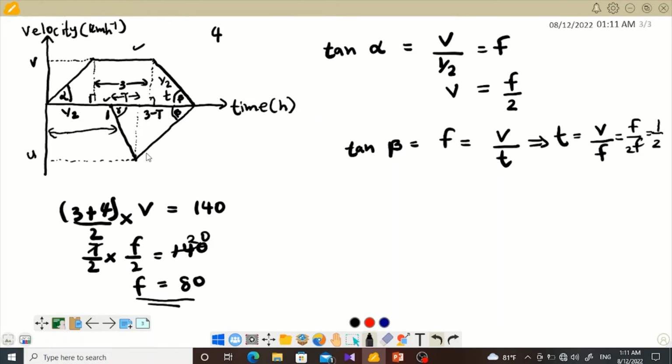Okay, first I am going to use this triangle. Using that triangle I can write the tan value, right?